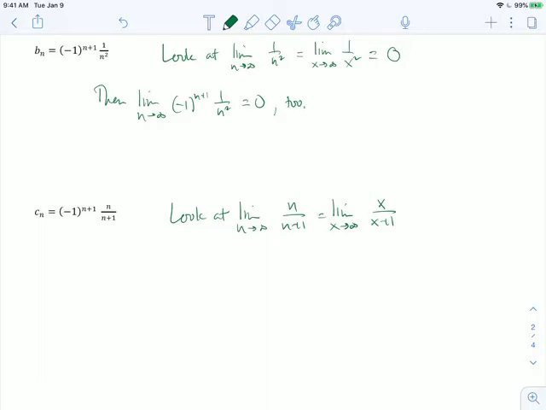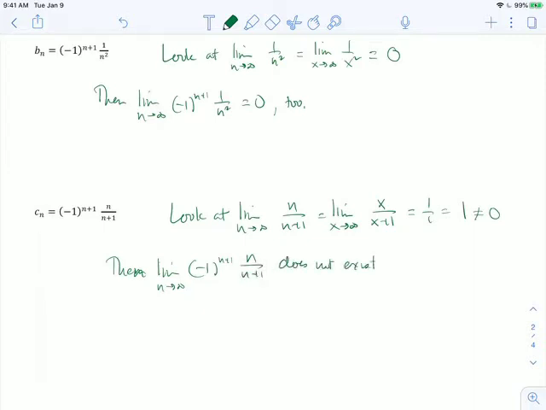We know that the limit is going to be the ratio of the leading coefficients, and so I'm going to get 1 over 1. But in particular, we notice that 1 is not 0. And so by our result about alternating sequences, the limit as n goes to infinity of (-1)^(n+1) times n over n plus 1 does not exist.